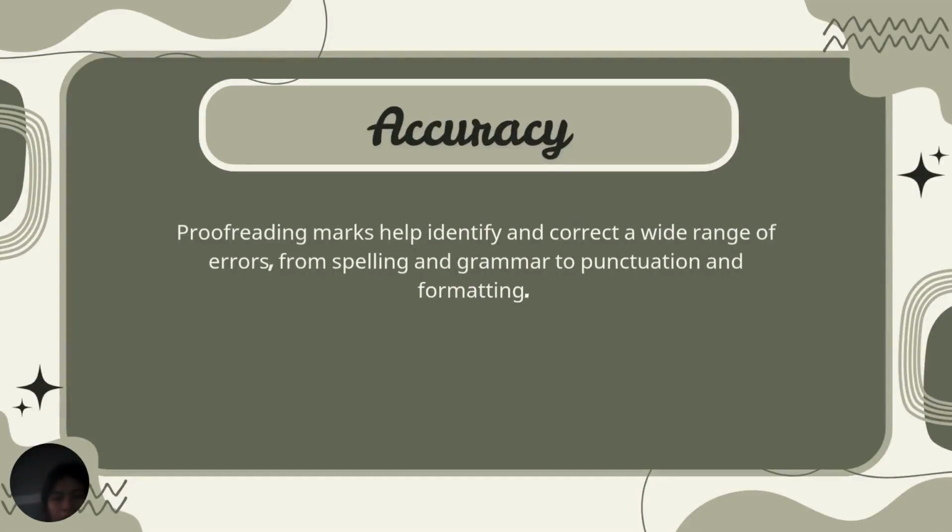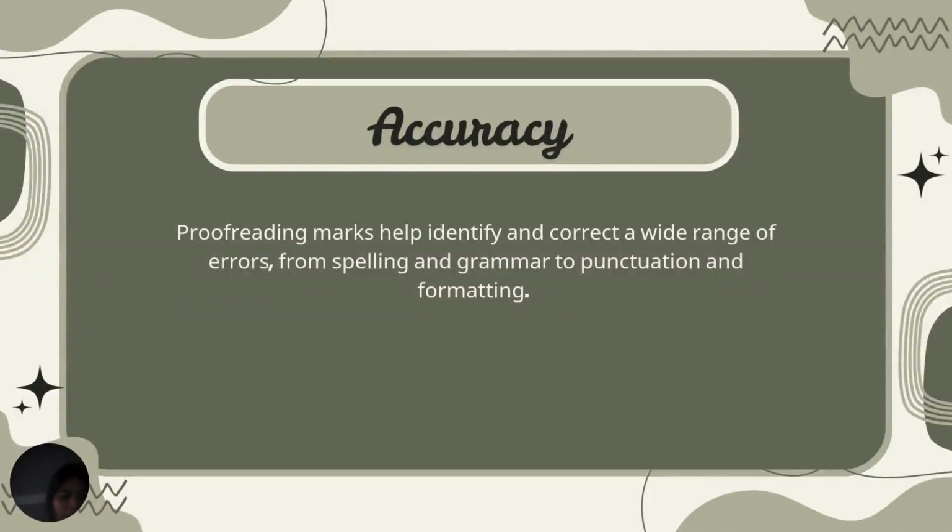These errors can include spelling, which are incorrectly spelled words; in grammar, the mistakes in sentence structure, verb tense, or word usage; in punctuation, those are incorrect use of commas, periods, semicolons; and in formatting, those are the problems with the layout of the text, such as spacing, indentation, or font.